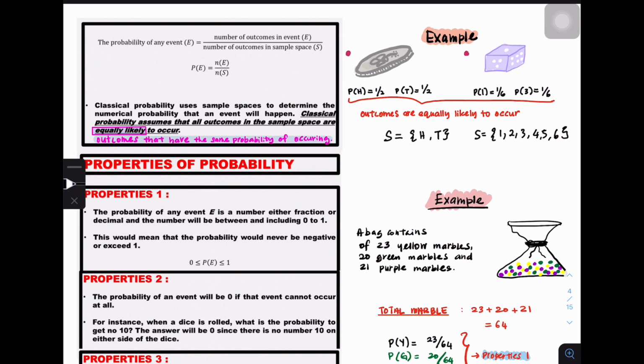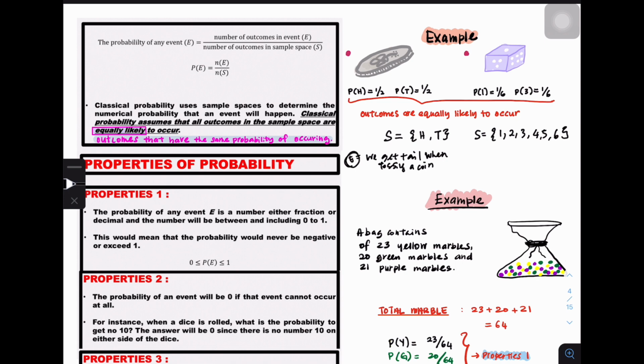Okay, so what is the event? Let's say I want to say that the event E is the event we get tail when tossing a coin. So event E adalah event kita akan dapat tail when we are tossing a coin. So macam mana kita nak kira probability untuk event kita dapat tail?